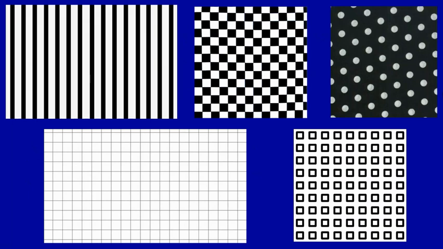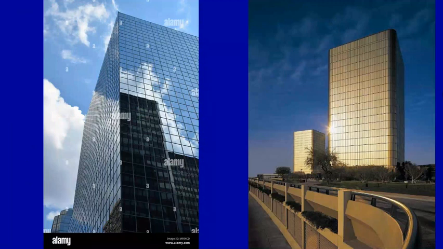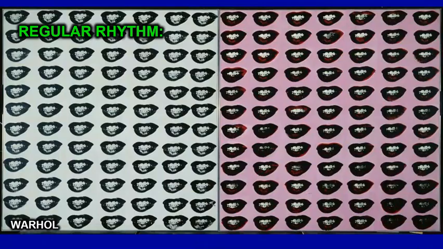All the motifs that are repeated are the same size, same format, and with an equal amount of distance between them. So, like the windows on this office building, this is a regular rhythm, and even on the modern office buildings with these glass facades, they have a regular rhythm to them.